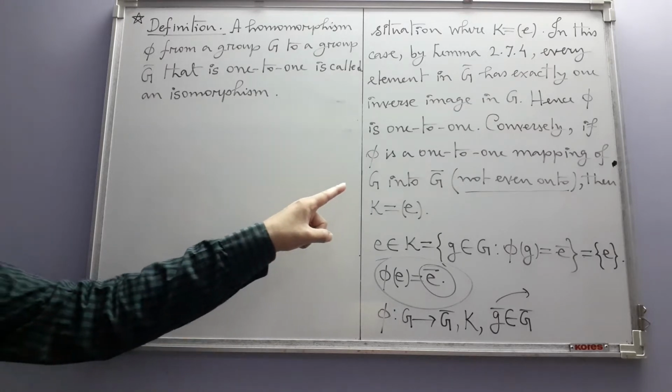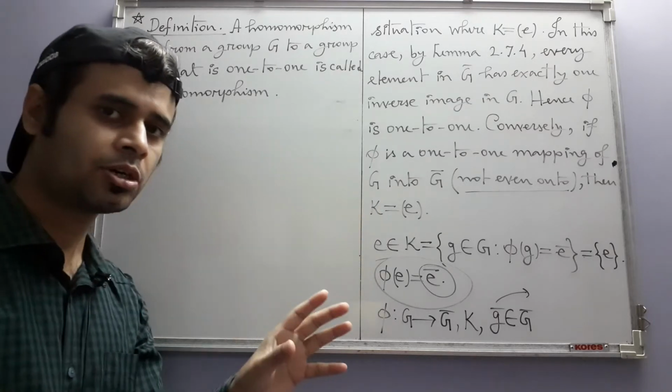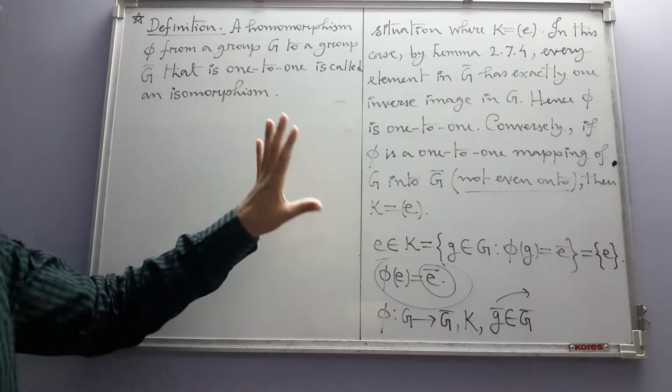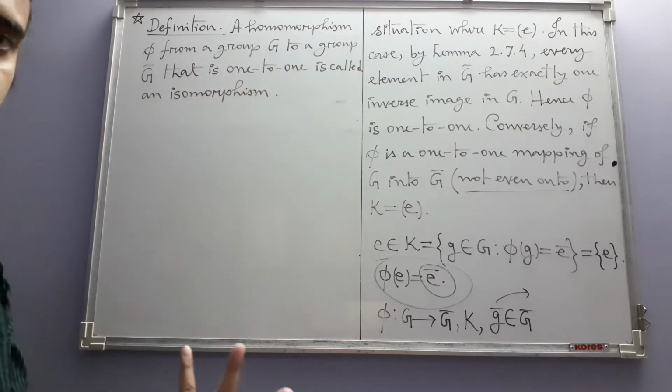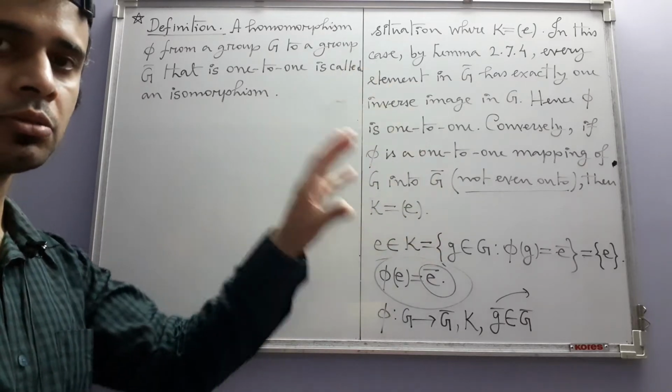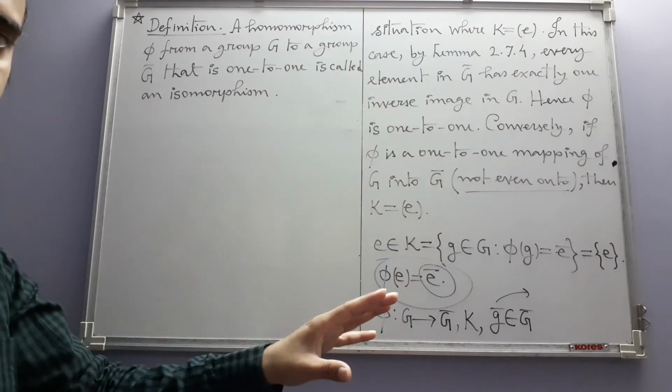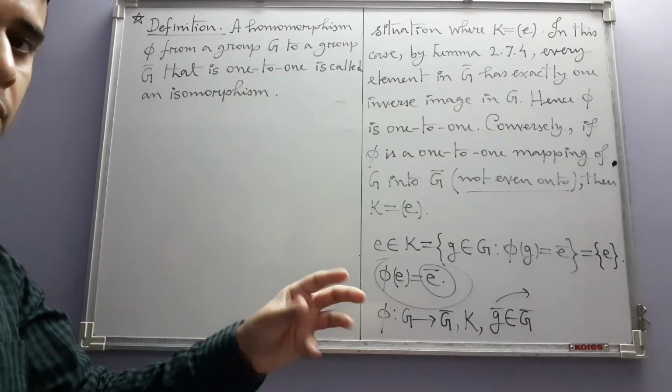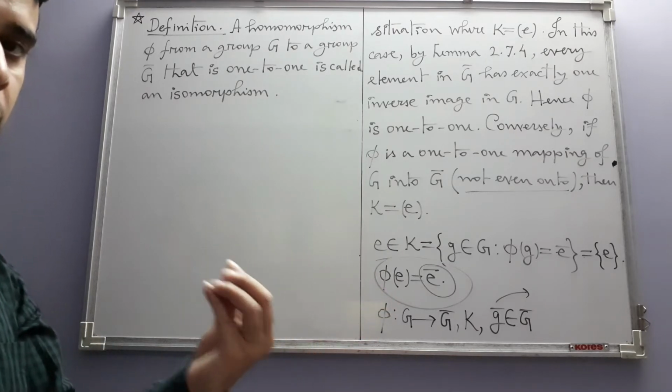So according to this analysis, isomorphisms are, by definition of course, one-to-one homomorphisms. But according to this analysis, isomorphisms are precisely those homomorphisms whose kernels are all the trivial group.